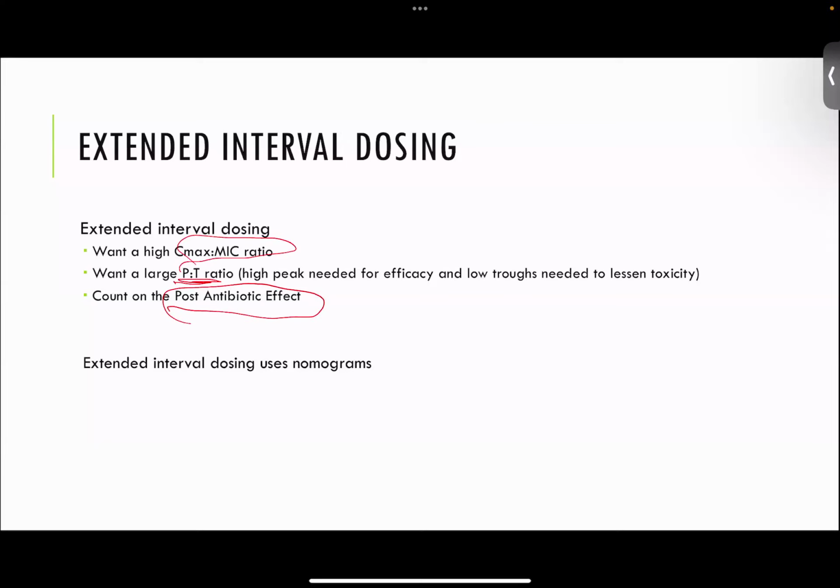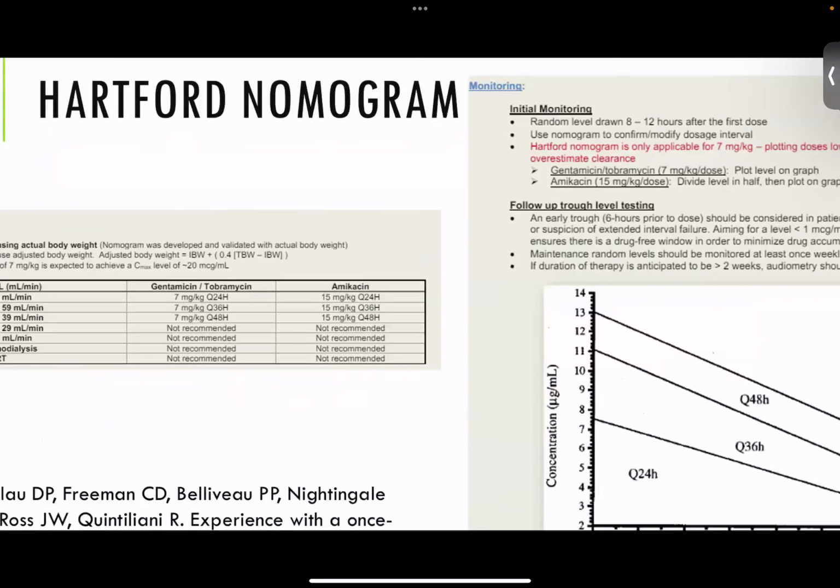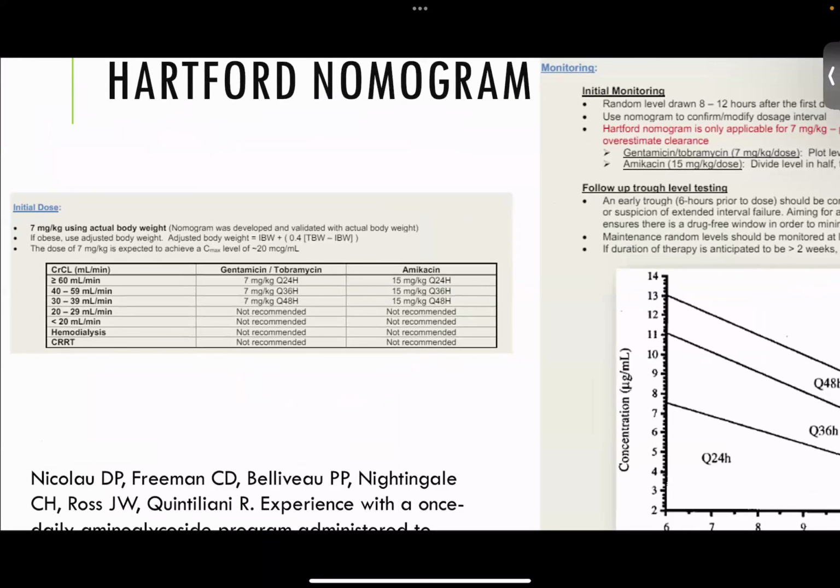So the good news is that we have nomograms to do this. If you look at this, this was the first nomogram that came out with extended interval dosing. And I'm sorry this is so small, but as I said, we went to 7 milligrams per kilogram. So you figure out what your patient's creatinine clearance is, and then it tells you when it's given.